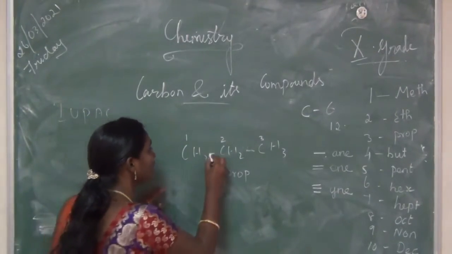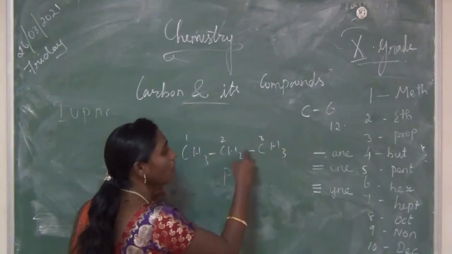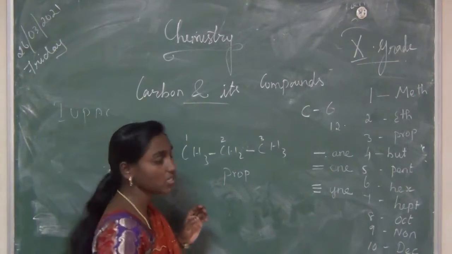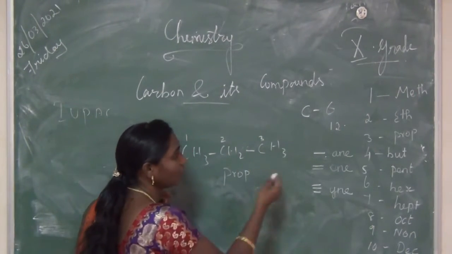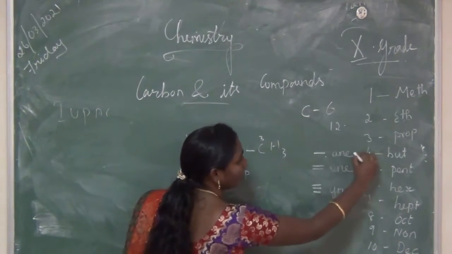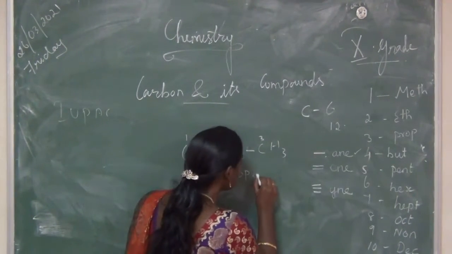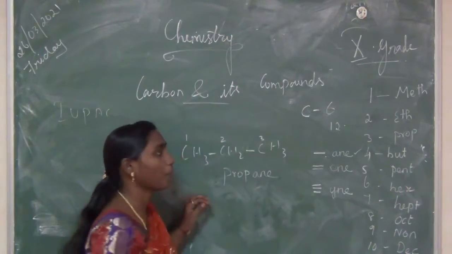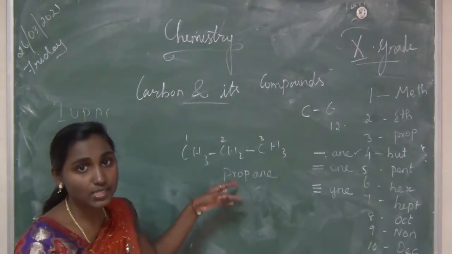Here you see there are 2 bonds, and each bond is a single bond, right? So single bond means which suffix do we use? ANE. So can you read this name? Propane. This name is propane.